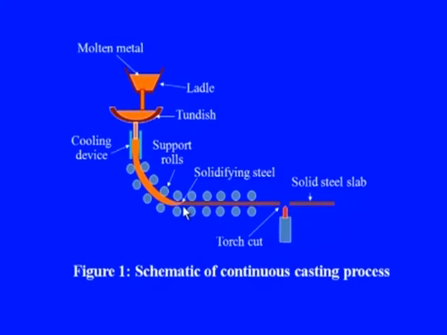The metal in the meanwhile will get solidified and there will be an arrangement for separating the pieces in a required length. This device for separating the cast material will be appropriately placed as per the design requirements of the pieces.